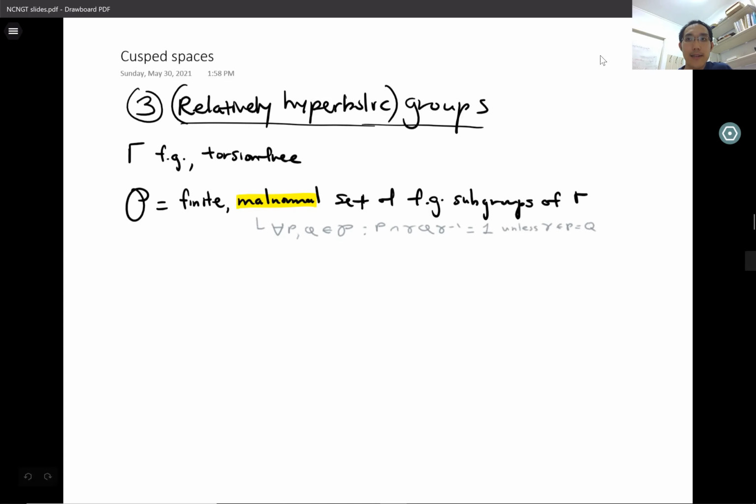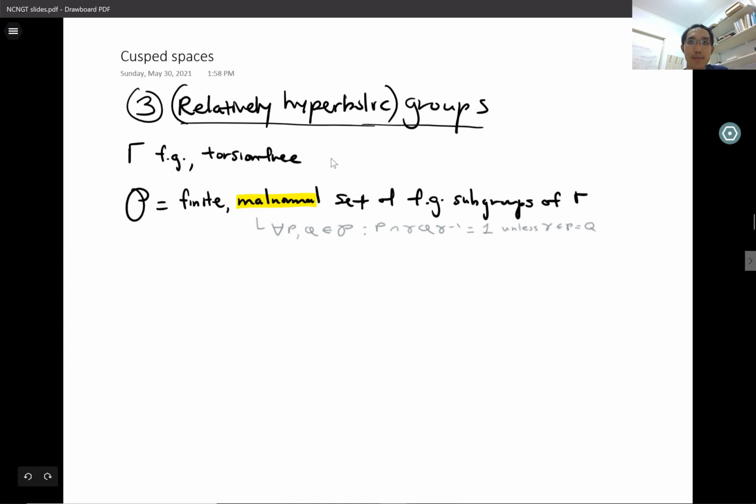I'm going to look at a slight generalization of, or weakening of, delta hyperbolicity called relative hyperbolicity, which I'll introduce now. The idea behind relative hyperbolicity is that the group is basically delta hyperbolic, except along isolated subgroups where that hyperbolicity might break down.